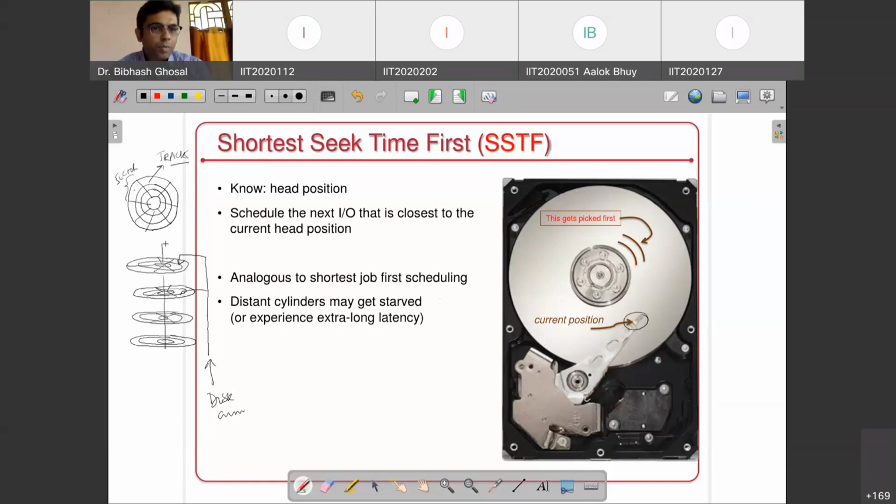The head will touch a particular sector, and the data of the sector that the head touches is read via this.